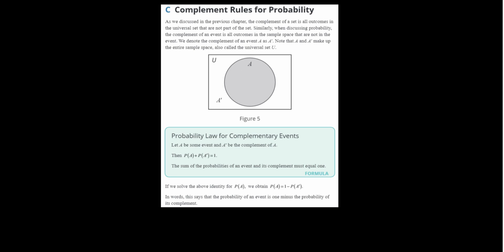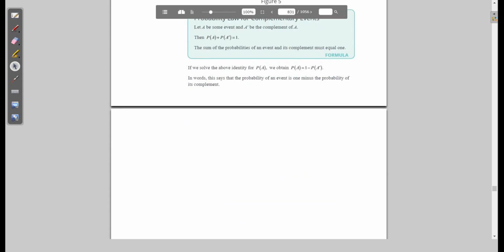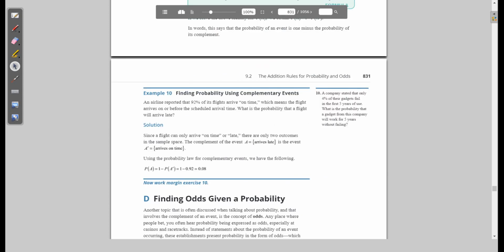For the probability law for complementary elements, let A be some sort of event, and A with an apostrophe means the complement of A. Then the probability of A plus the probability of A complement is equal to 1. A complement is just what's left over. Let's look at an example real quick.